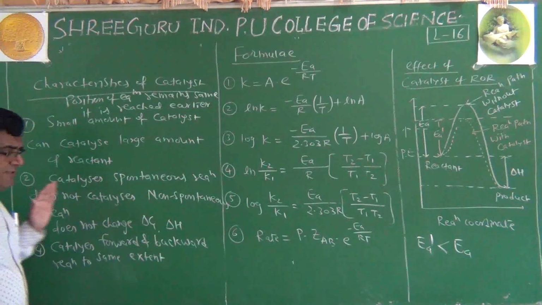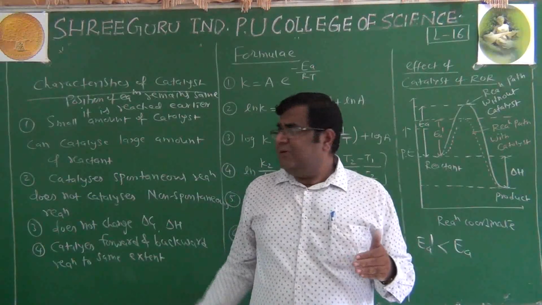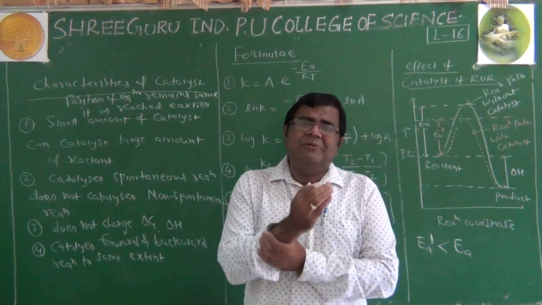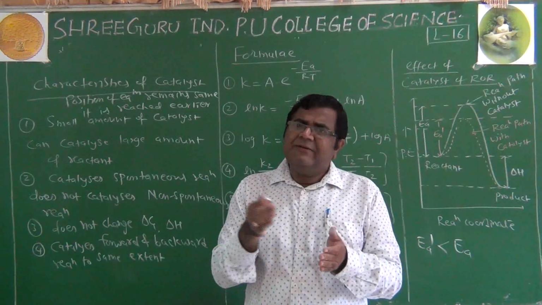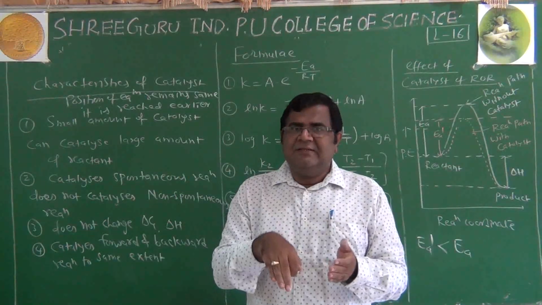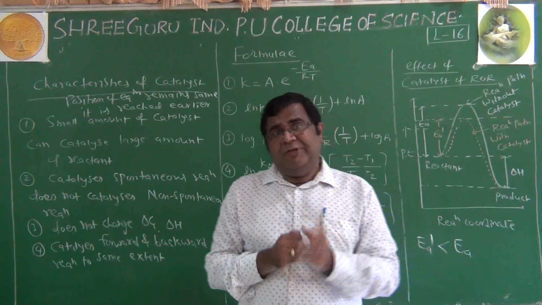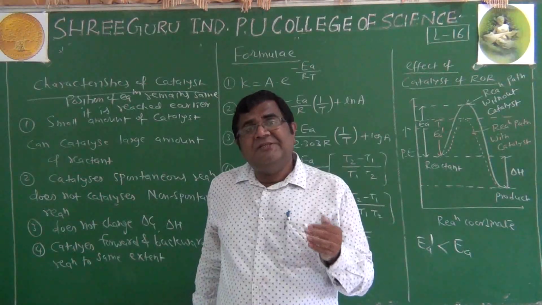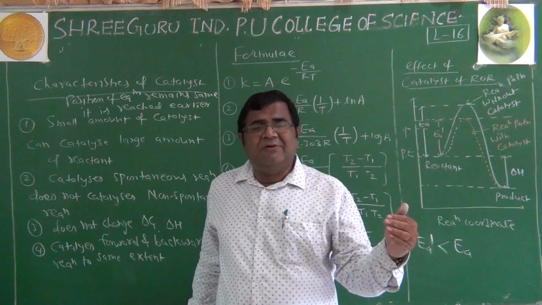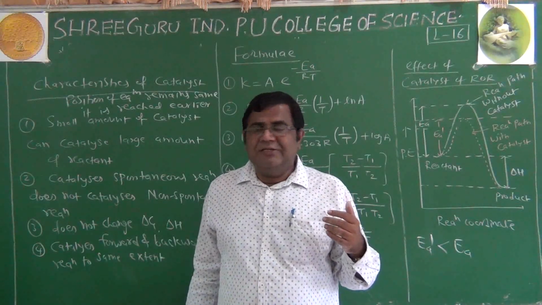It only increases the speed of both forward and backward, so it allows the equilibrium to be attained earlier. Once equilibrium is attained, we can disturb it by other factors and push the reaction in the forward direction. In that way, we can use the catalyst. But if we are using catalyst with the intention that only the forward reaction rate will increase and not the backward, this is not the way, this is not the work catalyst does.